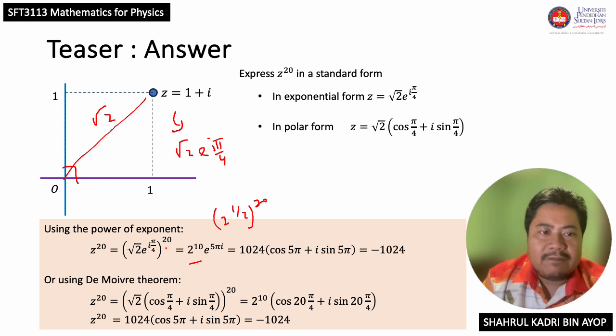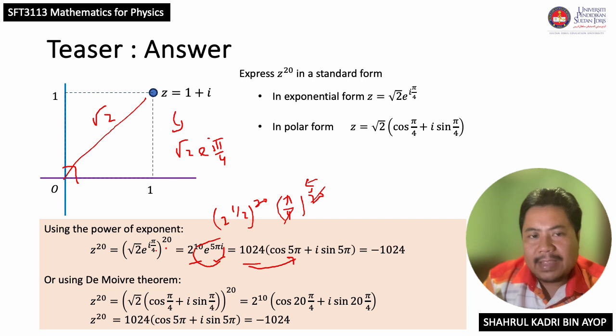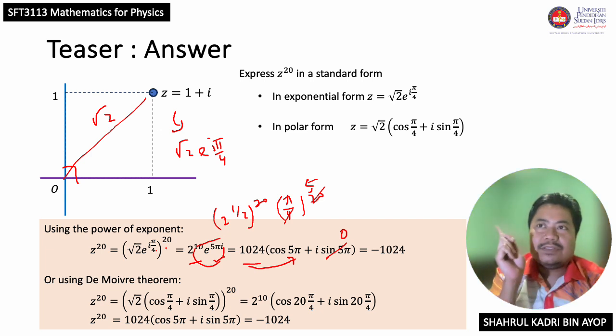Because this is 20 and 4, we can also factorize them, so we have a 5. 2 to the power of 10 is 1024, and if we express the exponential in polar form, sine 5 pi is 0 and cos 5 pi is minus 1.